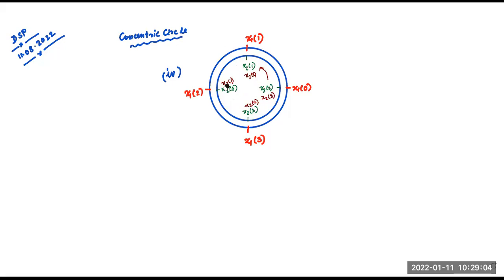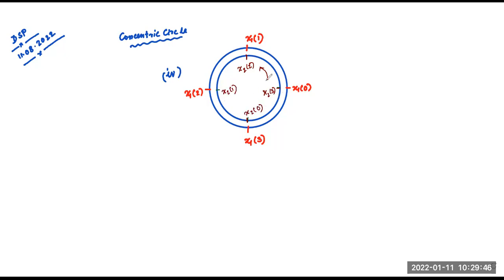So now the position will be like this. This will be x2 3, this will be our x2 2, this will be x2 1, and this will be x2 0.